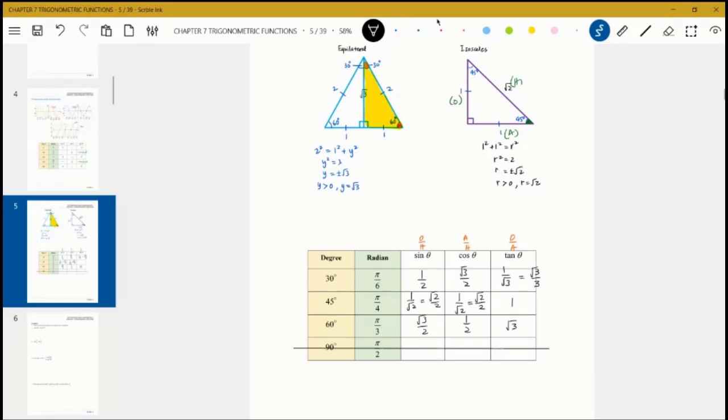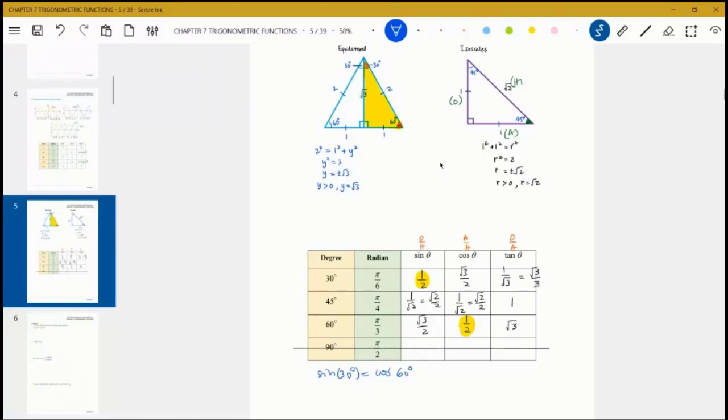Okay, so based on this table, we can see the complementary angle. If we look at this one, the value here is equal to the value here. Which is, we have sine 30 degree, the same thing as cos 60 degree.